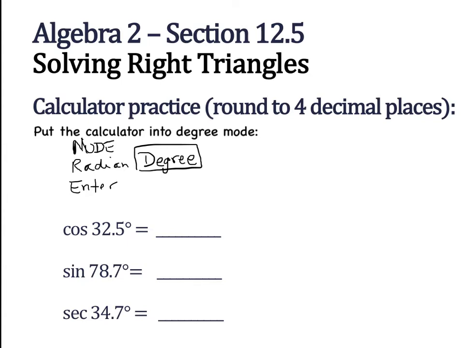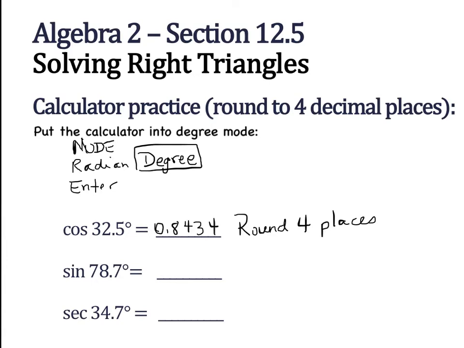So we're going to begin with cosine of 32.5 degrees, and we're going to round to 4 decimal places. And when you enter this in, you get 0.8434.